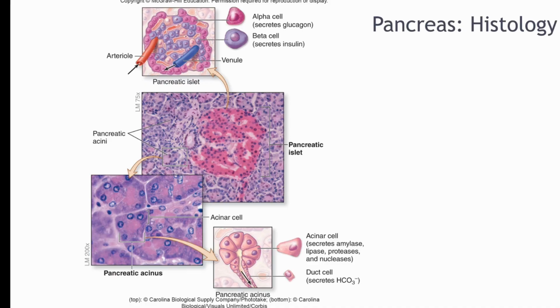So technically, epithelial cells in general are considered exposed to the outside, directly or indirectly. And so exo, outside. So the pancreatic acinar cells are exocrine, whereas the pancreatic islet cells, that is the alpha and beta cells, are endocrine.